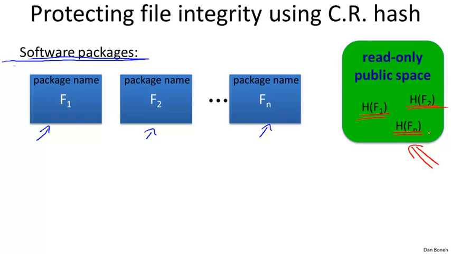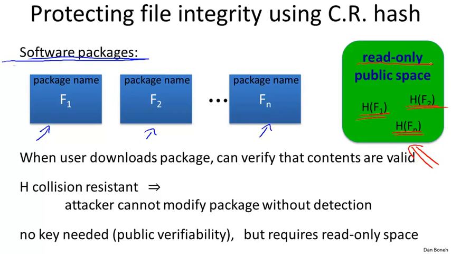So there isn't a lot of space needed here. The only requirement is that this space is read-only. In other words, the attacker cannot modify the hashes stored in this space. Then, once he consults this public space, he can very easily compute the hash of a package that he downloaded, compare it to the value in the public space, and if the two match, then he knows that the version of the package he downloaded is in fact a correct one.